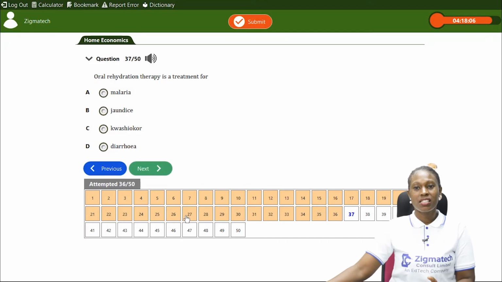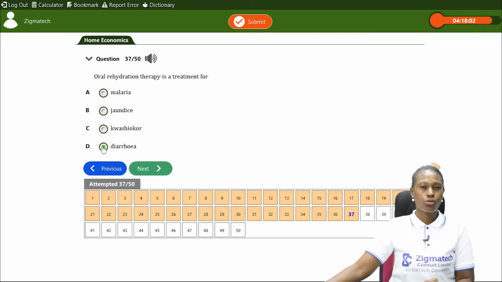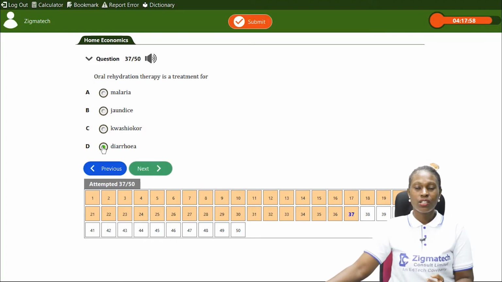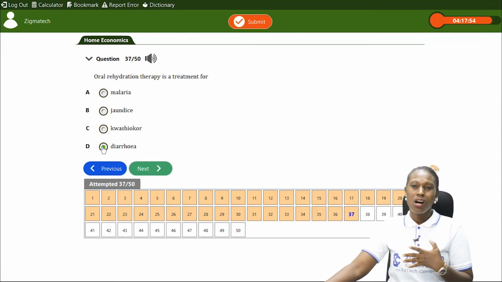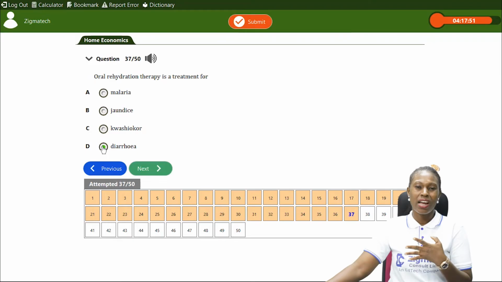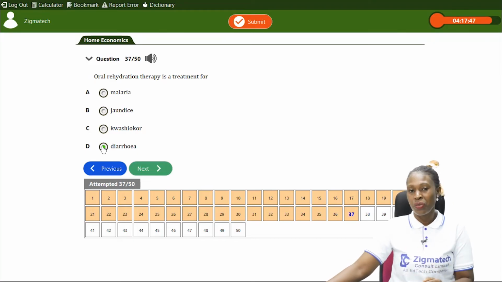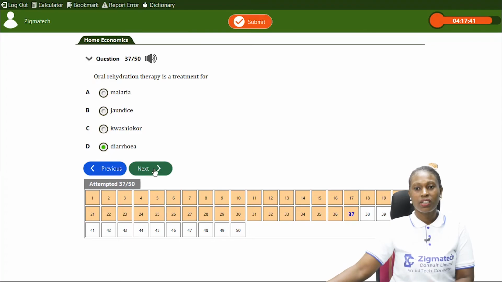So now this is for diarrhea. Now, when someone stools and has been stooling for a long time, especially children, you can do oral rehydration to help regain lost energy or strength in the course of constant stooling or inconvenience using the toilet. So oral rehydration therapy is a treatment for diarrhea. Let's look at the next question.